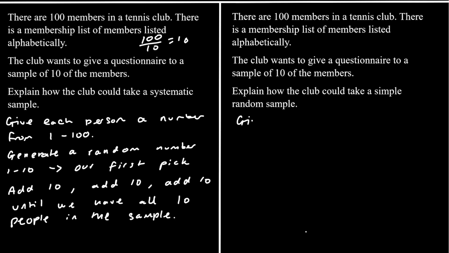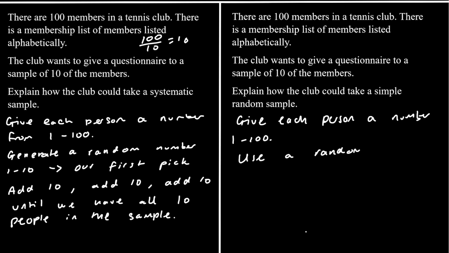So again, we don't know if they've got a number, so let's give each person a number from 1 to 100, and then we will use a random number generator to pick 10 numbers, and that will be our sample.